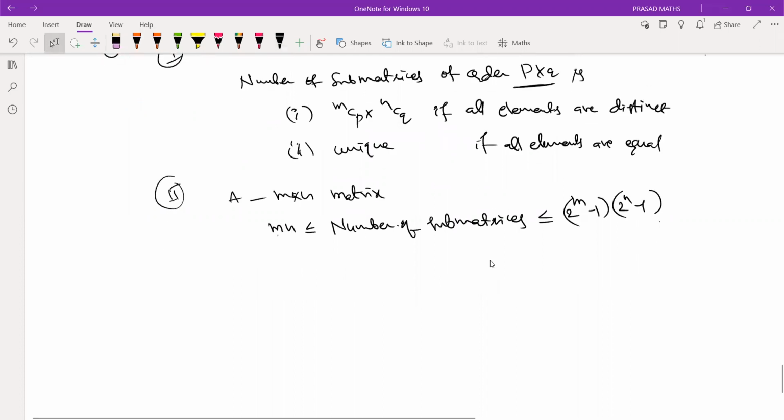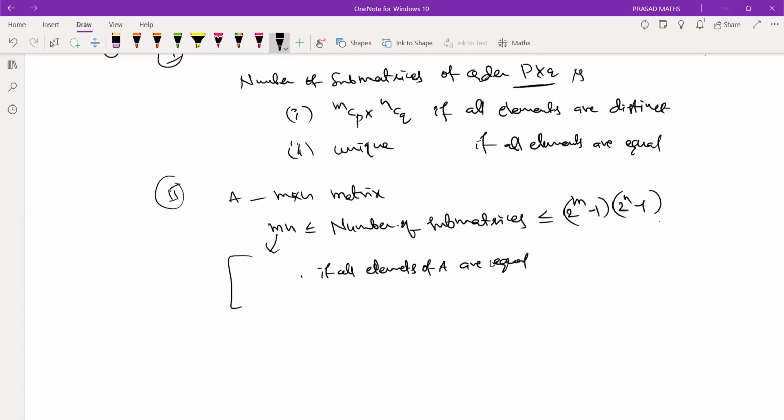This is nothing but, if all elements of a matrix are equal, understand, what is the submatrix? Anybody? 1 by 1 submatrix, tell me, how many?